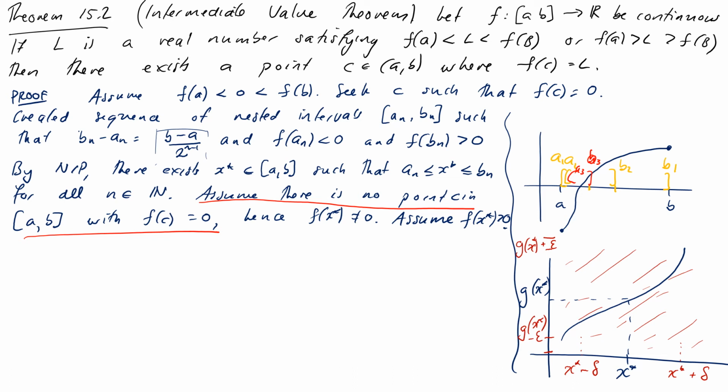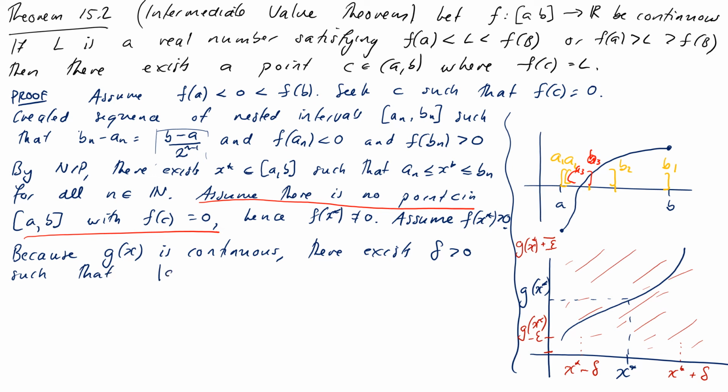So because g is continuous, there exists delta greater than 0 such that the absolute value of g of x minus g of x star is less than epsilon, and the epsilon that's convenient for me will be g of x star.